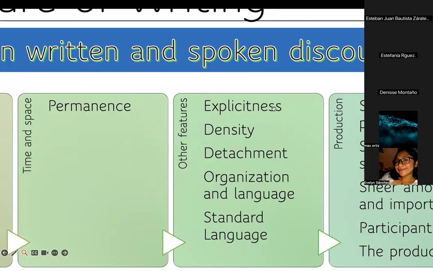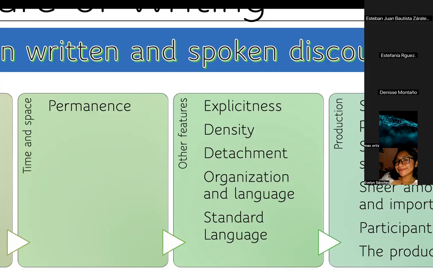Then other features, for instance, explicitness. What does explicitness mean? Written text tends to express in a direct way the writer's intention. Sometimes, depending on the type of text you are producing, the explicit intention is deduced between the lines, reading between the lines.